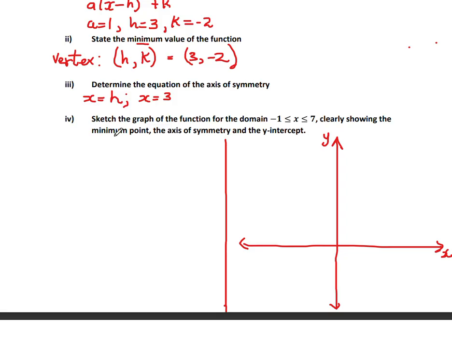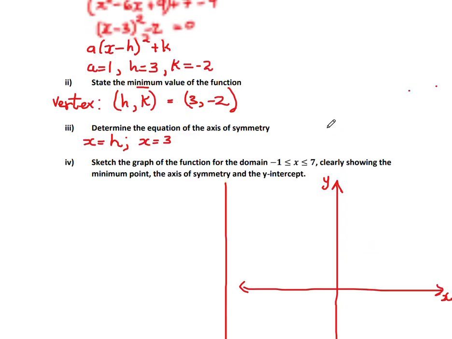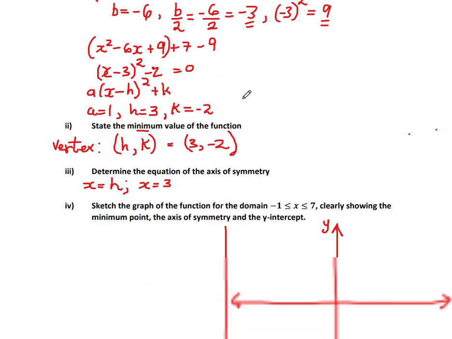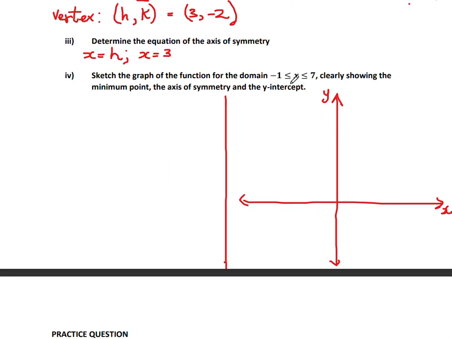So to sketch the graph of this function, we should use the domain. The domain is the set of x values over which the graph will span. So already we can go ahead and insert the x values in this graph.